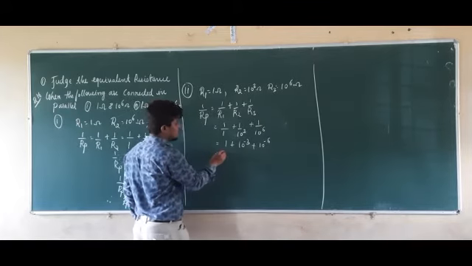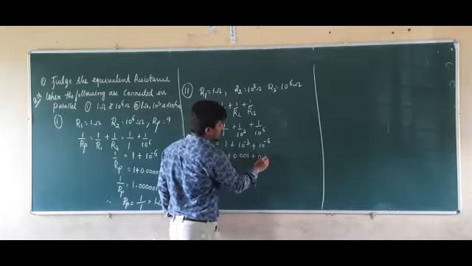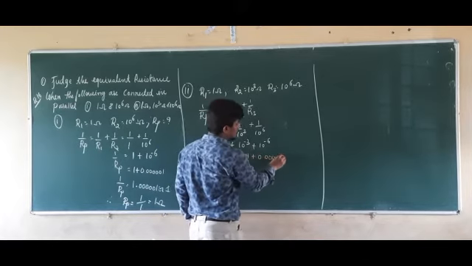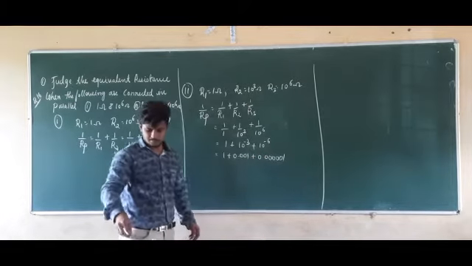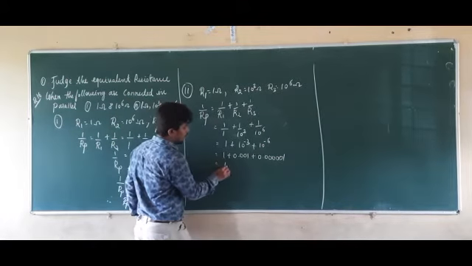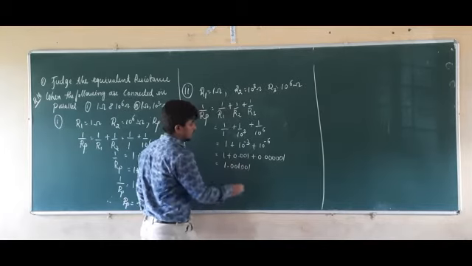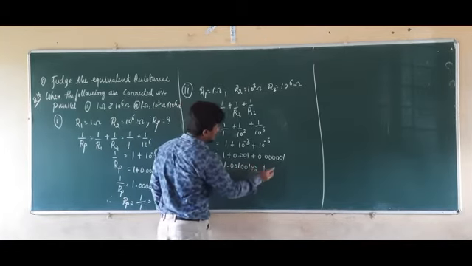Which is equal to 1 plus 0.001 plus 0.000001, so it becomes 1.001001. It is also nearly equal to 1.